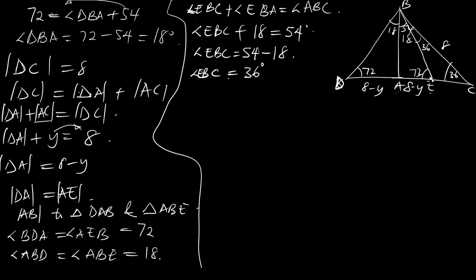If here is 36, and here is 36, that means this place is equal to this place, because if the base angles are the same, then it's an isosceles triangle. And BE is equal to BC. So that means BE is equal to BC.